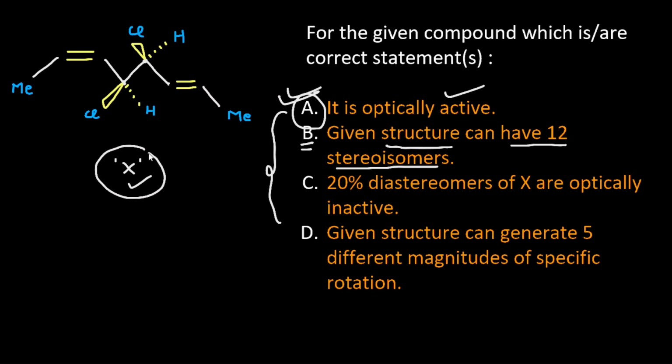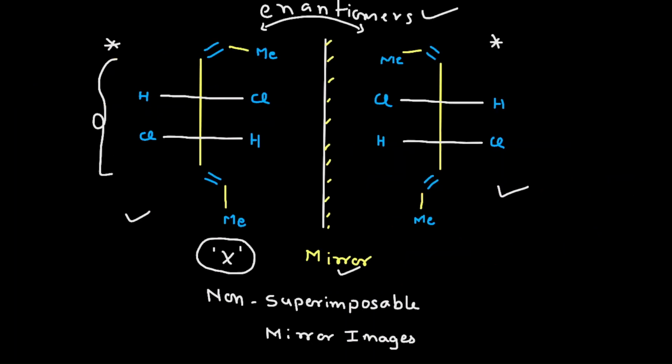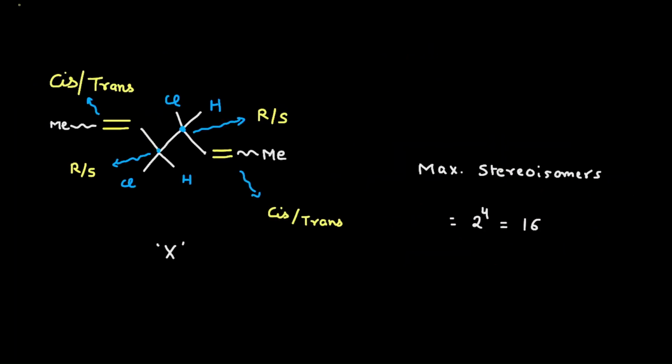So, we will take the structure of the compound X and will try to project out how many different stereoisomers are possible. To manage this, let us first figure out which are the places where we can give rise to stereoisomerism.